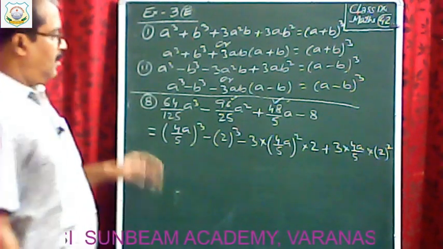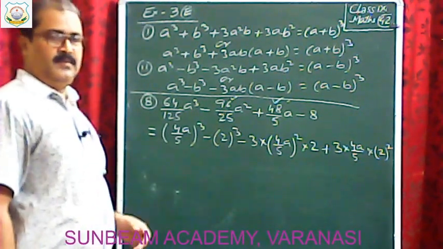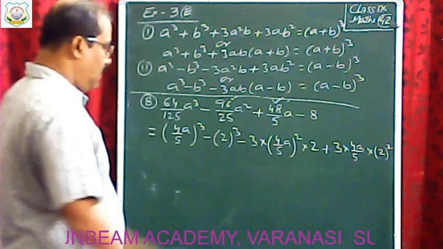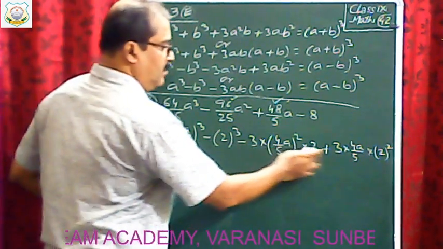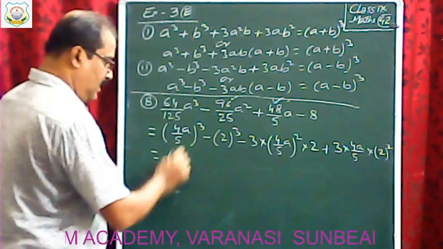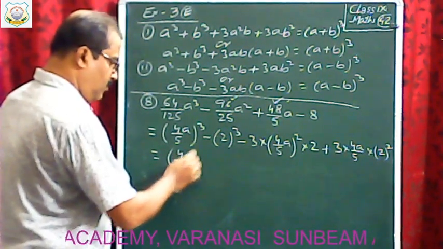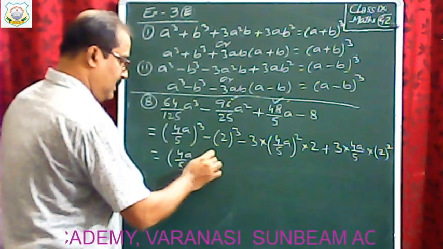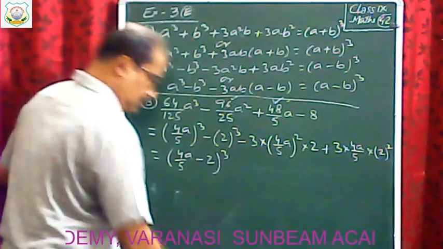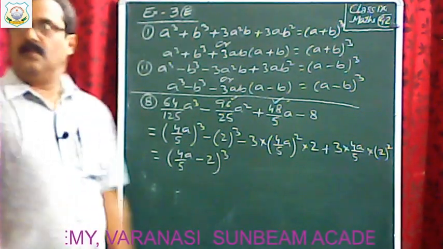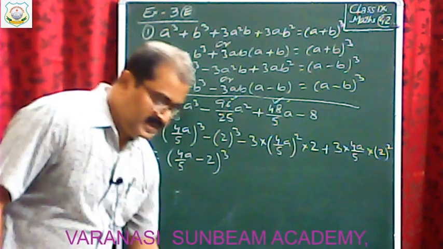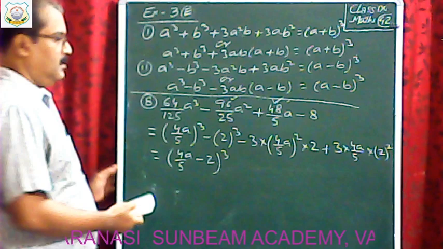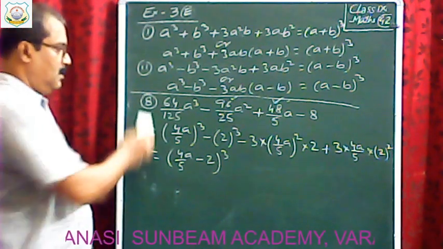So in this way you have to formulate the given polynomial according to the identity, and thereafter we get a cube minus b cube minus 3a square b plus 3ab square, that is equal to (4 upon 5a minus b) whole cube. Okay, in this way you have to proceed. Very simple. Done everybody?